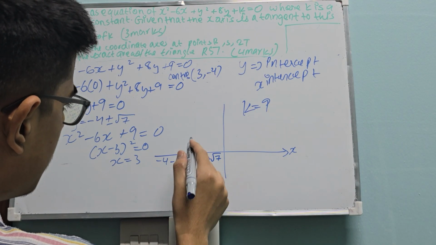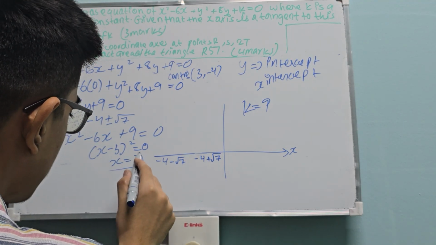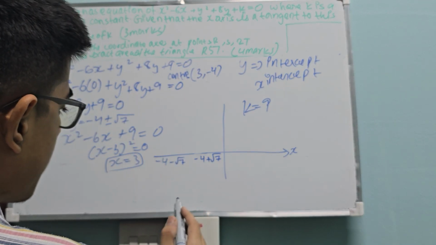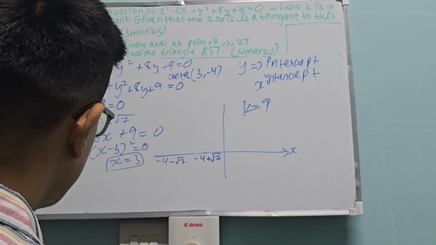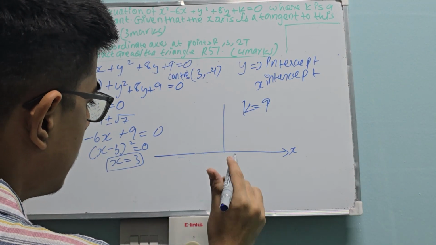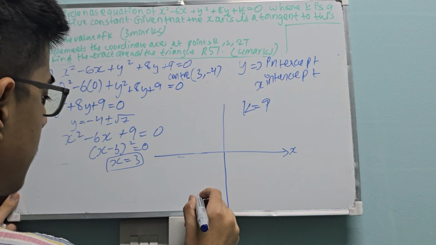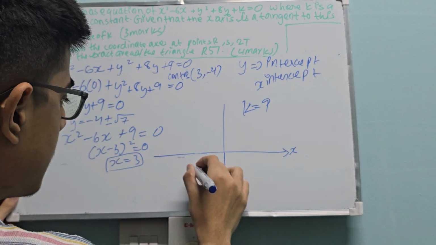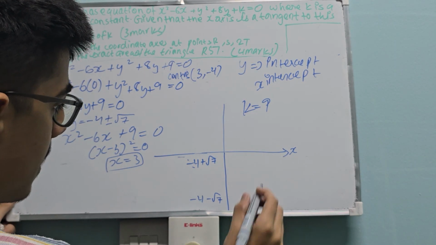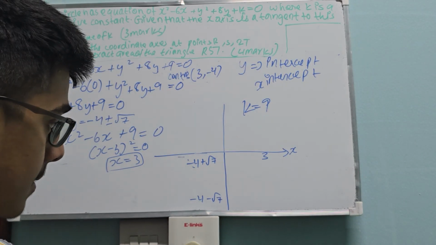Now we need the x coordinate, which is going to be 3. Oh, sorry, this is the y-intercept, sorry. If it is a y coordinate, this means minus 4 minus root 7 and minus 4 plus root 7. And the x-intercept is here somewhere.